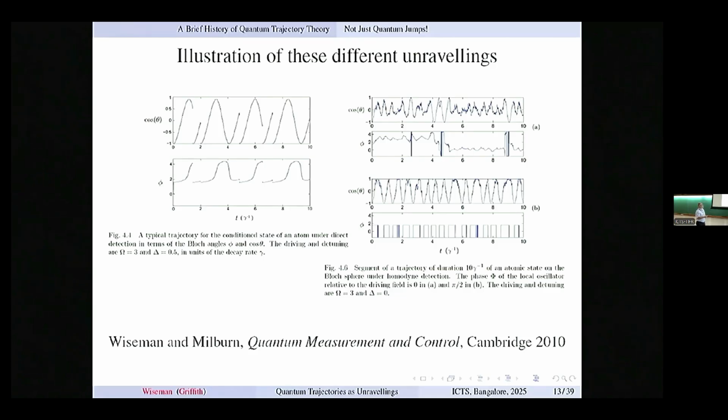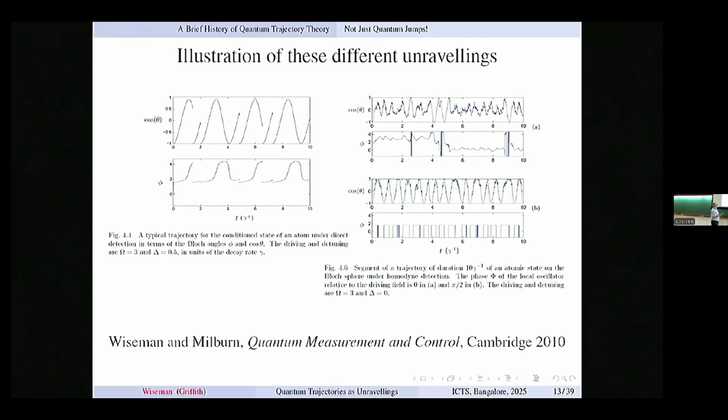In this one, this is homodyne detection with no detuning, and this is illustrating a quantum diffusion process. You see there are no jumps here in the energy, but it's everywhere non-differentiable, because it's like a Brownian motion process. You still have some parts where it looks fairly smooth, but there's actually noise everywhere on these trajectories.